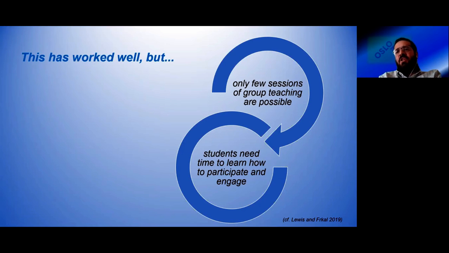So like last year, for example, only 2 sessions were possible. And also another challenge connected to this is that students need time to understand how they are supposed to participate and engage in discussions with peers, especially because we're talking about students that are in the first year of a bachelor. So of course, in the first session, they are learning what to do, and then maybe in the second, it works.